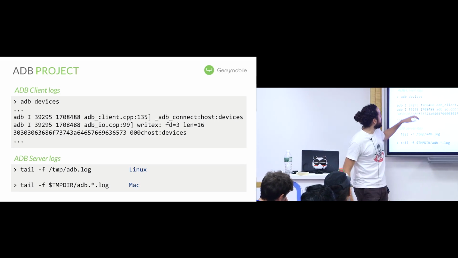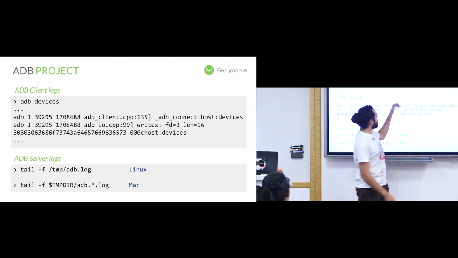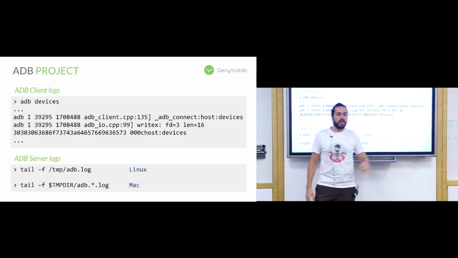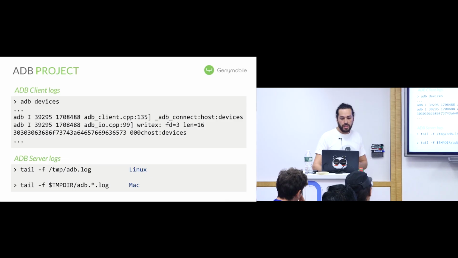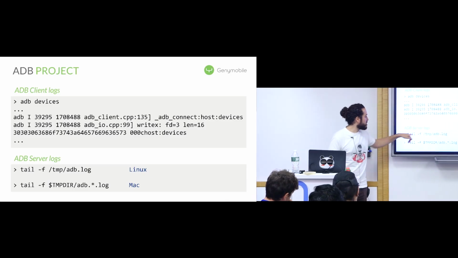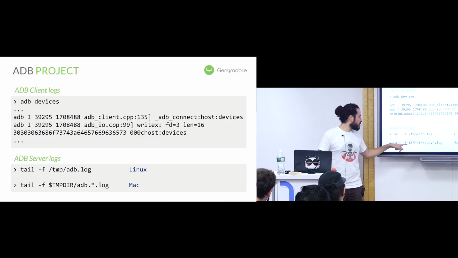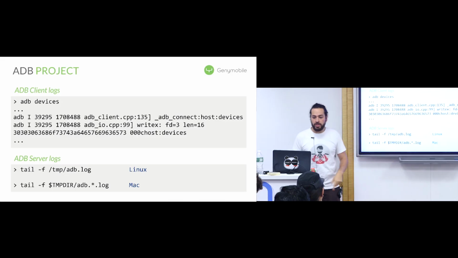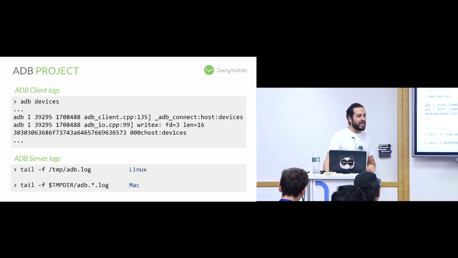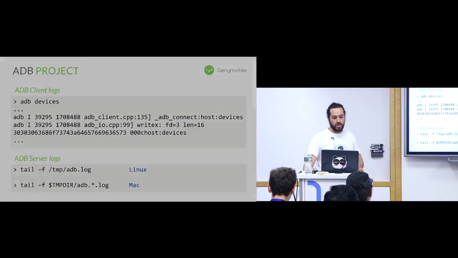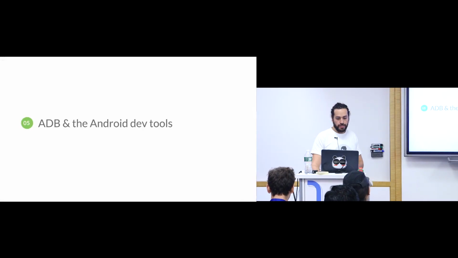For example, when you type adb devices, you see host devices being sent to the server, so you get more information about the messages that are passed. The same goes for the ADB server. You have a log file on Linux and on the Mac, and there is another one on Windows, but I let you find it. It gives a lot of information about what the server is doing.